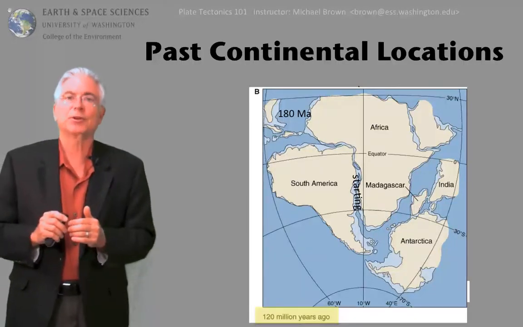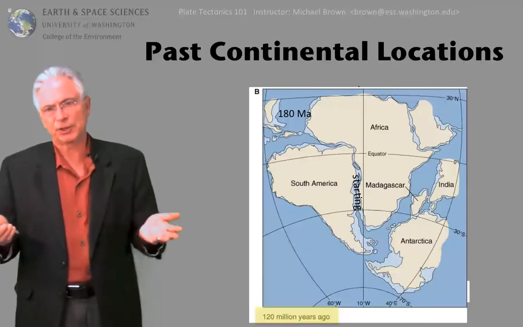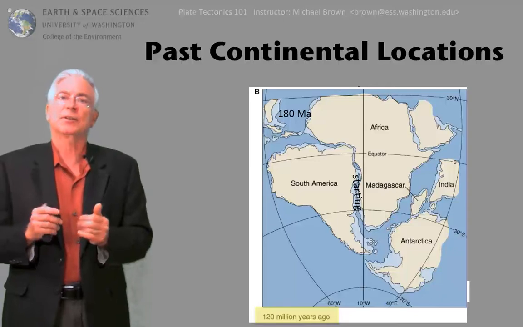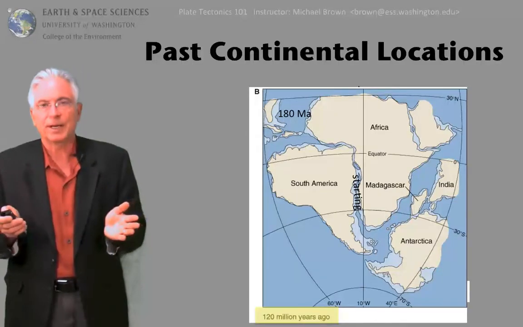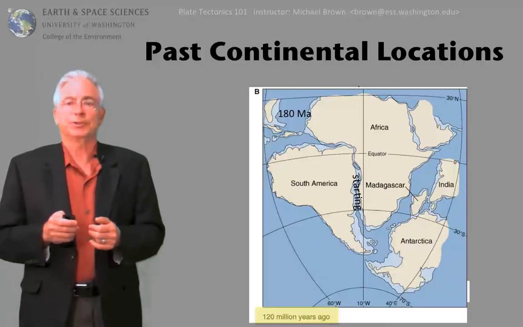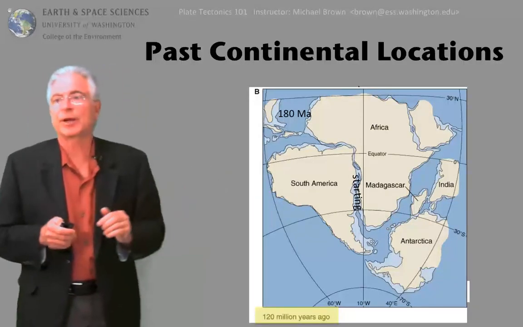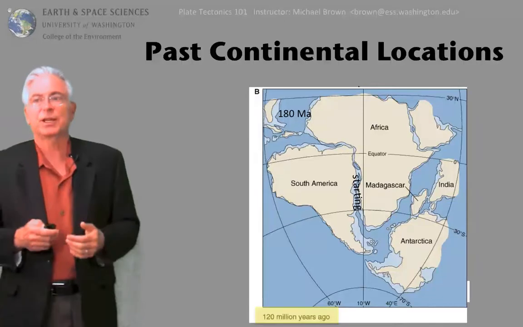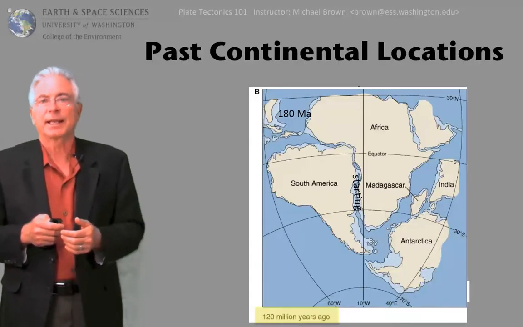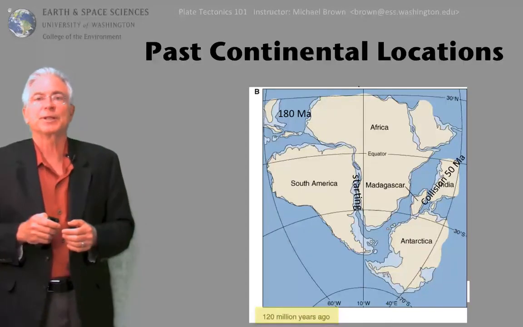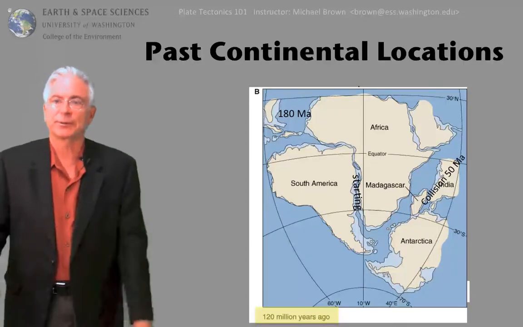And you see a separation opening up, a rifting occurring, much like the East African rift today. There was the rift between South America and Africa that opened up enough and formed a new ocean. Notice that India, way over there, has separated from its position tucked against Africa and is moving towards the north for its eventual collision with Asia about 50 million years ago.